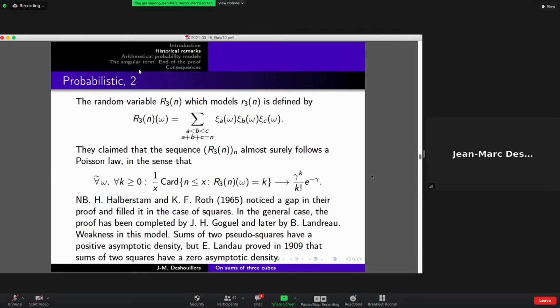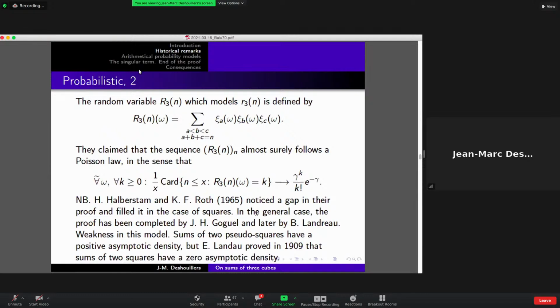Now there is some real problem, the weakness in this model, is that the only case where we can check it with reality is for squares. And for a sum of two pseudo squares, you can have exactly the same thing here for squares, and it will give you a slightly different gamma, but it will also be a positive density for sums of two pseudo squares.